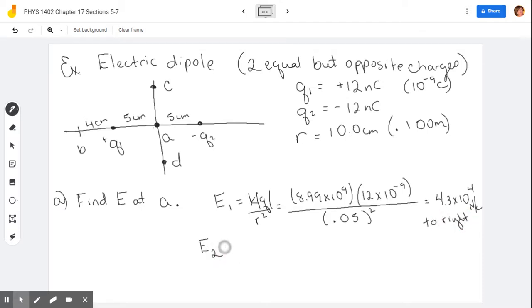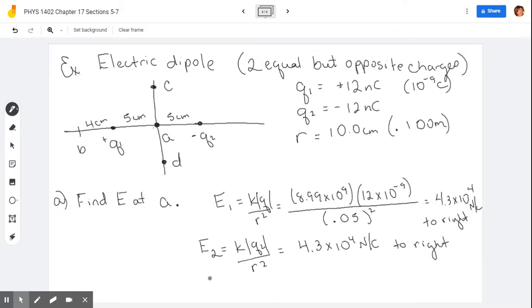All right, the electric field due to charge 2, Q2, absolute value. Notice the numbers are identical. It's going to also come out to be 4.3 times 10 to the fourth newtons per coulomb. This is a negative charge, so if I'm a positive charge located at point A, I will be attracted. So it is also to the right.